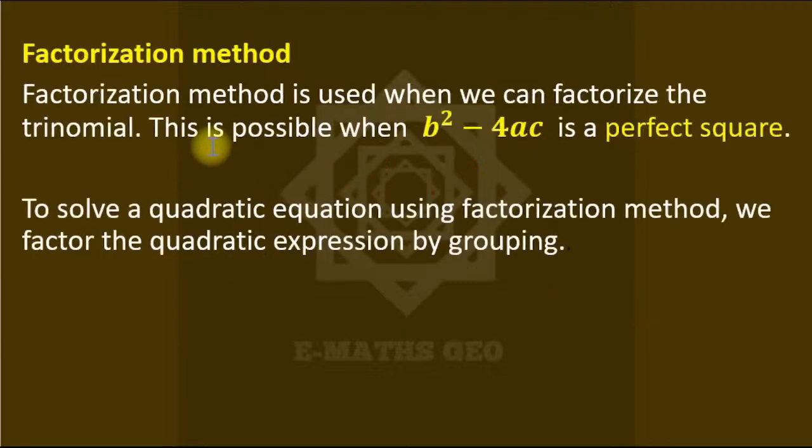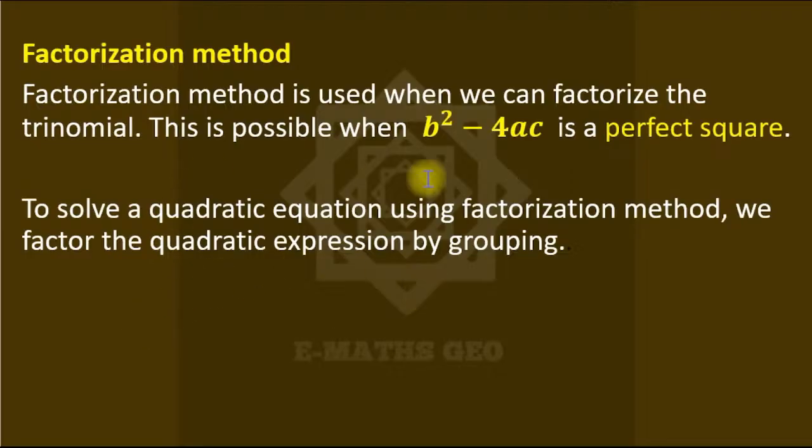If b squared minus 4ac is a perfect square. A perfect square is a number that has a rational square root, a number that could be written as the square of a number itself.